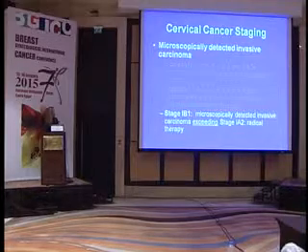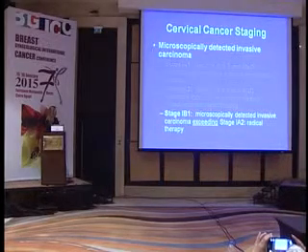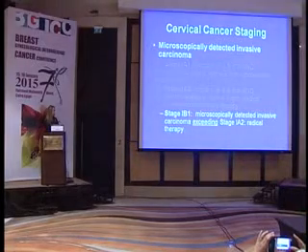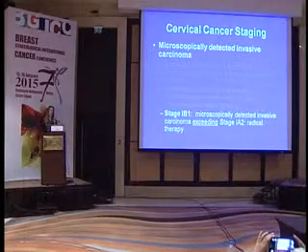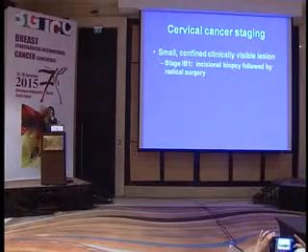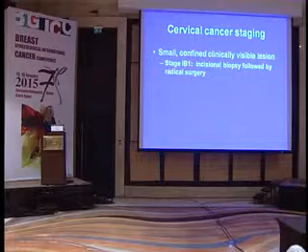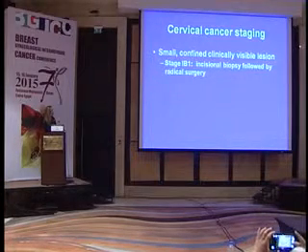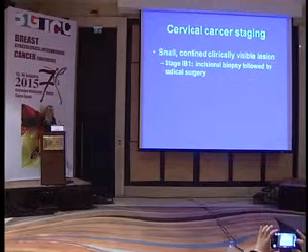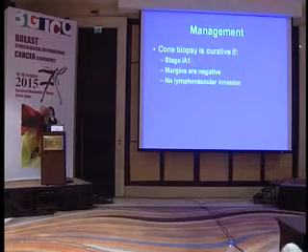And moving more to 1B1. 1B1, it's exceeding 1A2, and the treatment is radical therapy, or when you see a visible lesion. You know, when the gynecologist will see a visible lesion, we call it 1B1. And it's always incisional biopsy to diagnose the invasive, followed by radical surgery.